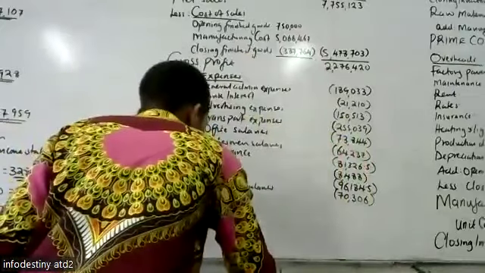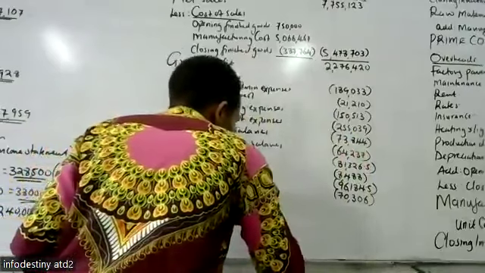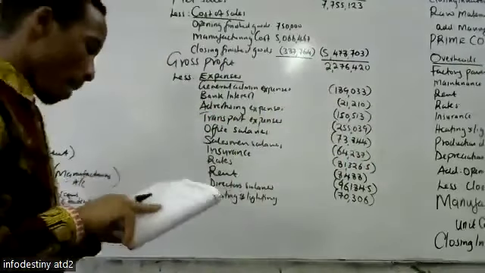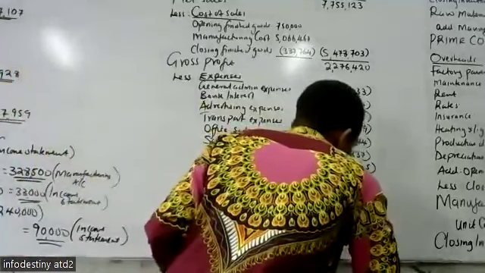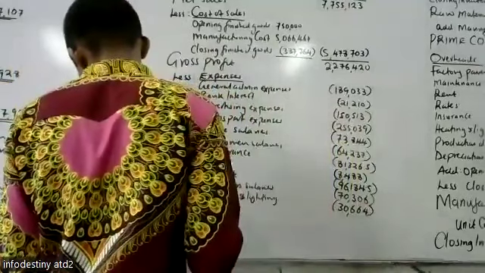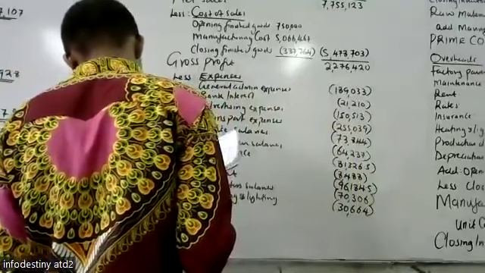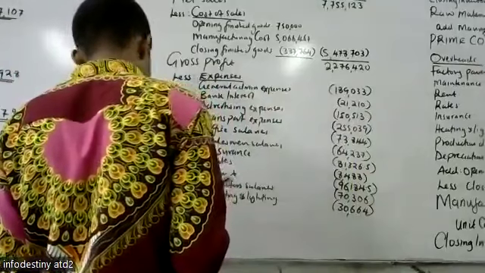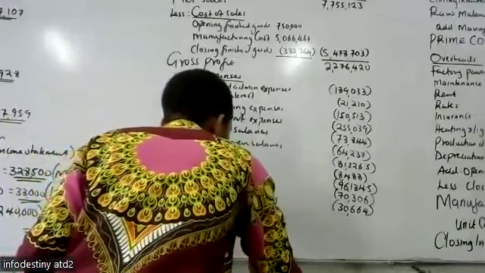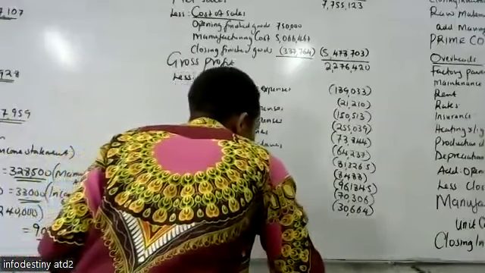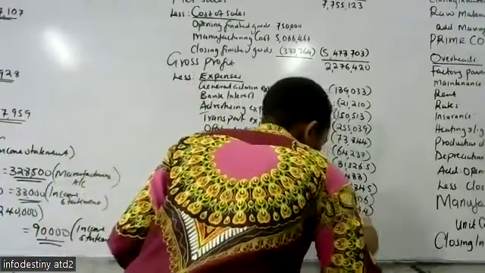Then we have heating and lighting, 1/6, 3664. On the other side, let's pick allowance for doubtful debts, information number 6. It increased by 12,000. That's all.